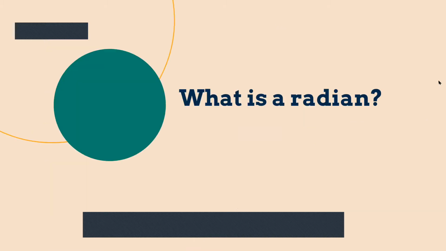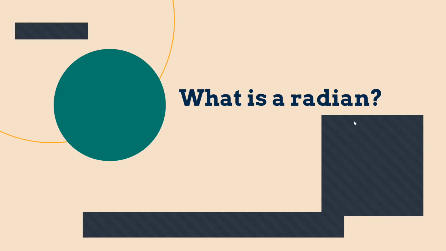All right, moving on. So what do you guys think a radian is? You guys heard about degrees, radians. What is the difference between a radian and a degree? If I say this angle has a radian of 2, or this angle has a degree of 180, what is the relationship? What is a radian?